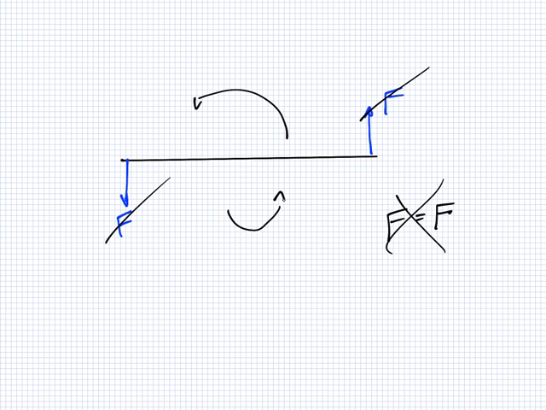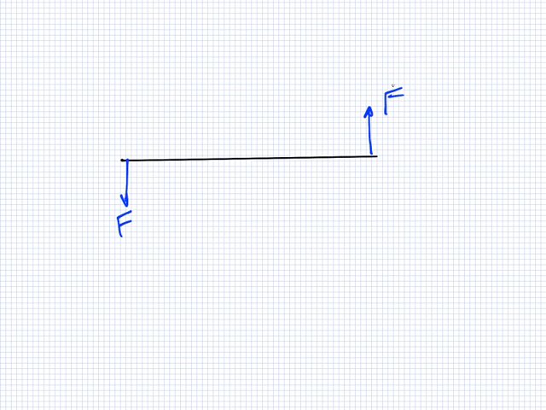Yeah, now this is quite interesting because at first you might say, well, this is an up, this is a down, they're equal, they cancel, so nothing happens. But we need another perspective.